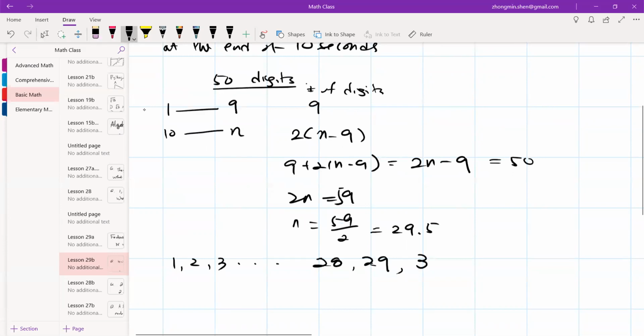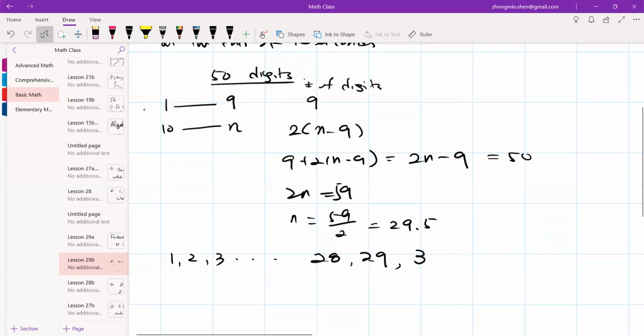You cannot complete the last two-digit integer. You only write down one digit. If you write down both, the total number of digits you wrote down is going to be 60 digits instead of 51. So you stop there, okay? So this is the 50th digit, and then you put 0 there, then you get the 51st digit.